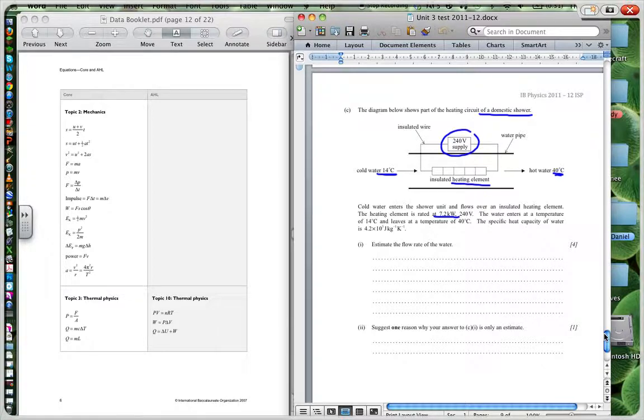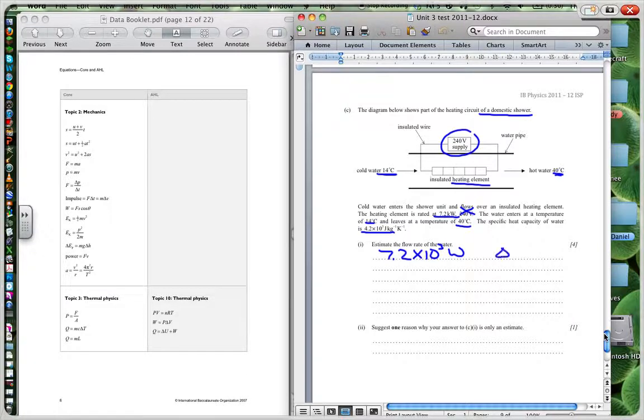Now, in actual fact, we don't need the 240 volts at all, but we do need this 7.2 kilowatts, or 7,200, so 7.2 times 10 to the 3 watts. We're going to use that. And we see that we have a change in temperature here. It goes from 14 to 40 degrees. And the specific heat capacity is 4.2 times 10 to the 3 joules per kilogram per Kelvin.